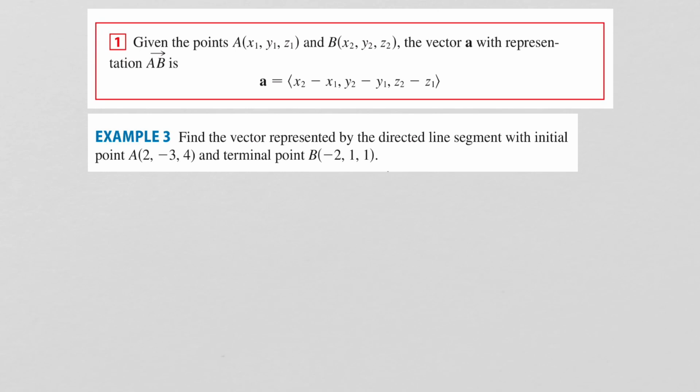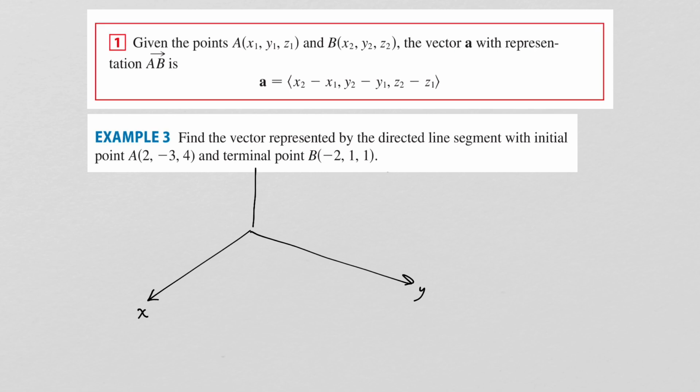Now suppose that you are given 2 points A and B in the three-dimensional coordinate system. And the coordinates of point A are x1, y1, and z1, and the coordinates of point B are x2, y2, and z2. So basically I have our three-dimensional coordinate system. So here is x, y, and z, the x, y, and z axis.